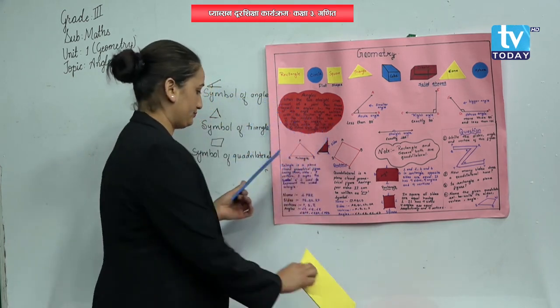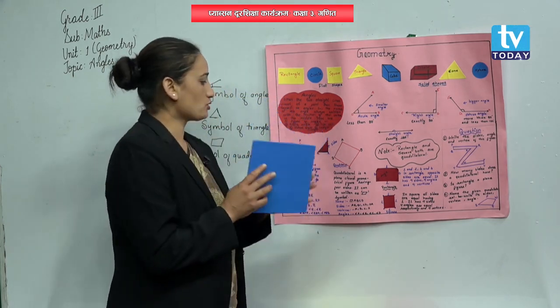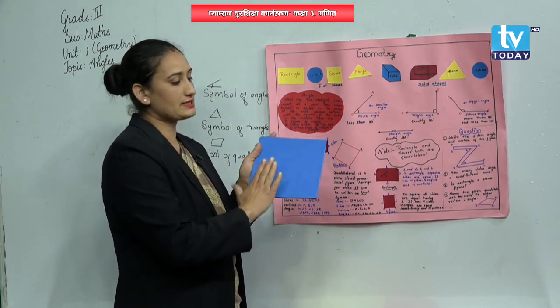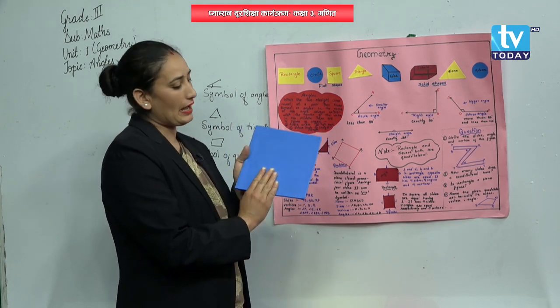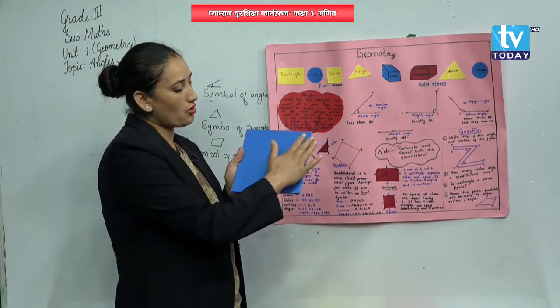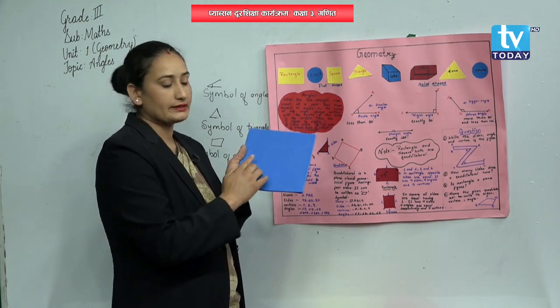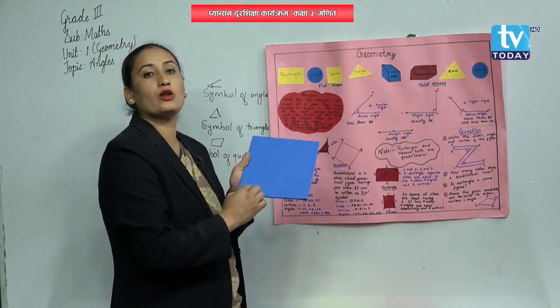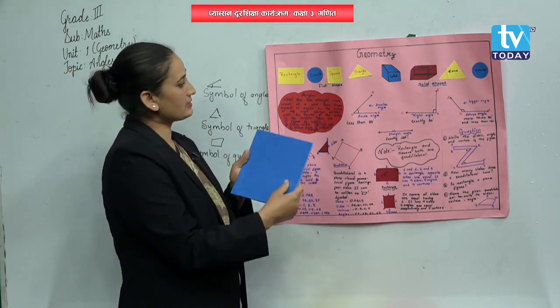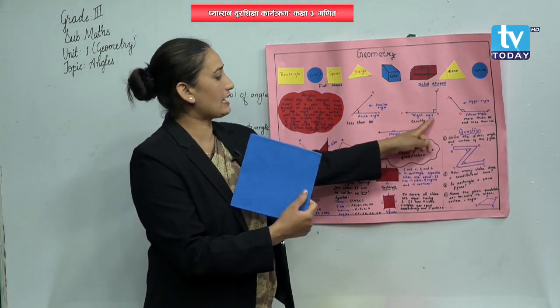In a square, all the sides are equal. This is a quadrilateral, but all the sides are equal. If all sides are equal, then the angles will be equal too. Here it is 90 degrees, exactly a right angle, right?